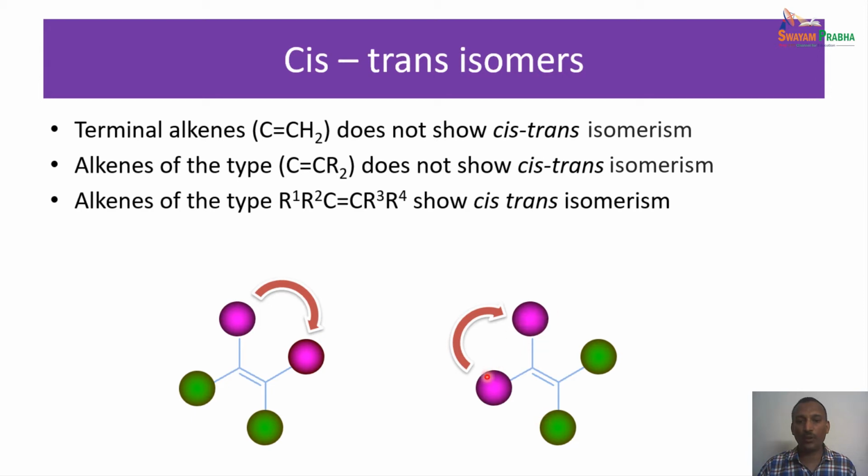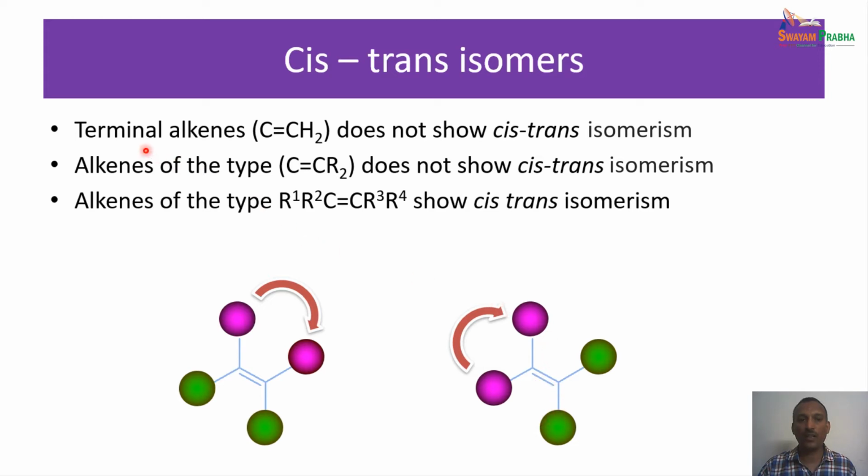But if both the groups are hydrogen atoms, let us say this is hydrogen and this is hydrogen, present on the terminal carbon, then with respect to one of the hydrogens, whether the green group, let us assume it is a methyl group, is on the same side or on the different side cannot be mentioned easily.